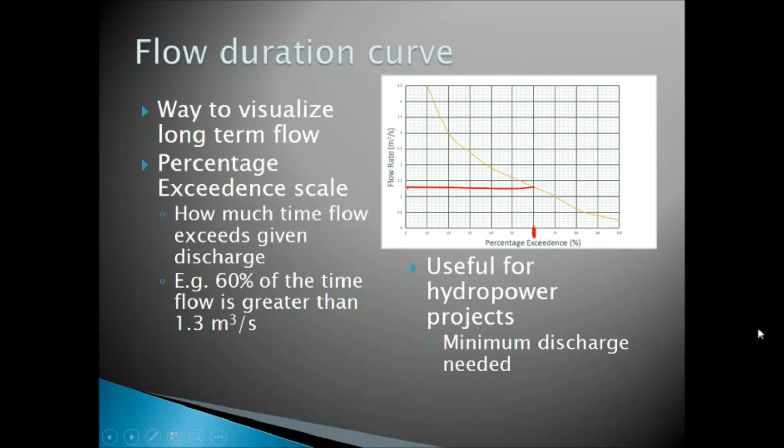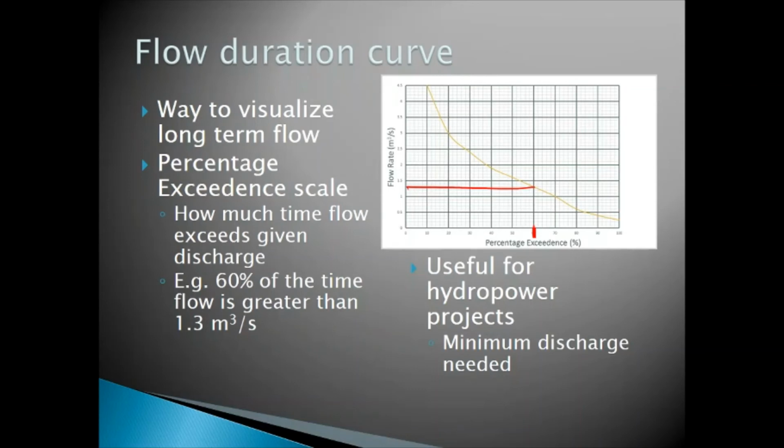Now, this is useful for hydropower projects. Think about if you were making a turbine that requires a certain amount of flow, because the water is flowing down a stream and you need a certain volume of water to actually spin that turbine to make electricity.